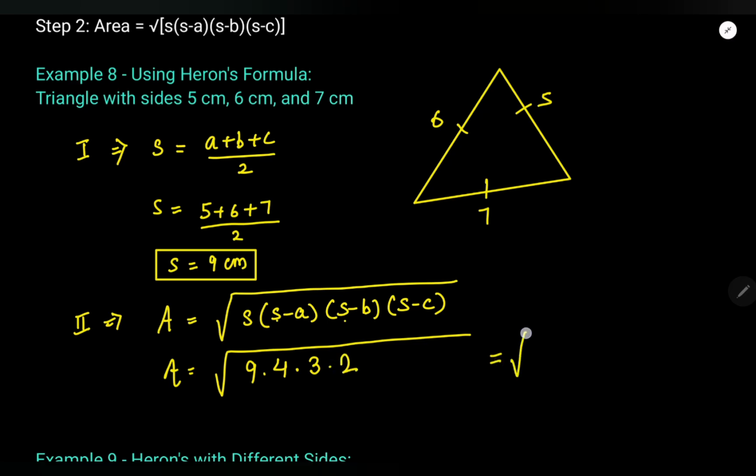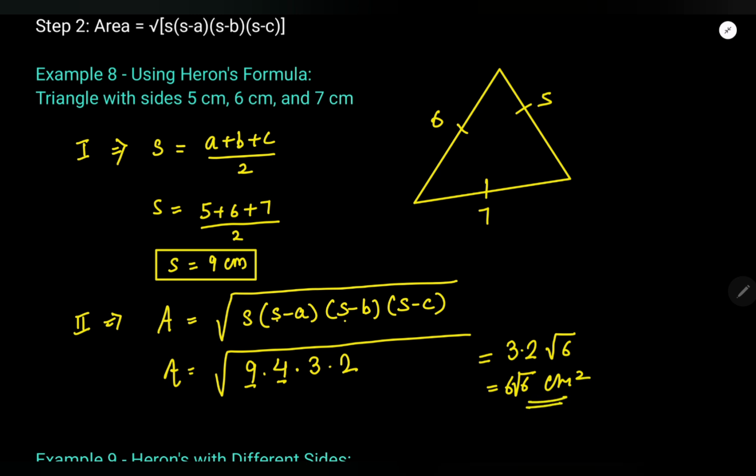Now I will solve it. Under root 9 will come out of the square root. It will become 3. Under root 4 will come out of the square root. It will become 2. And inside the square root we have 3 and 2. 3 times 2 is 6. So answer is 6 root 6 centimeter square.